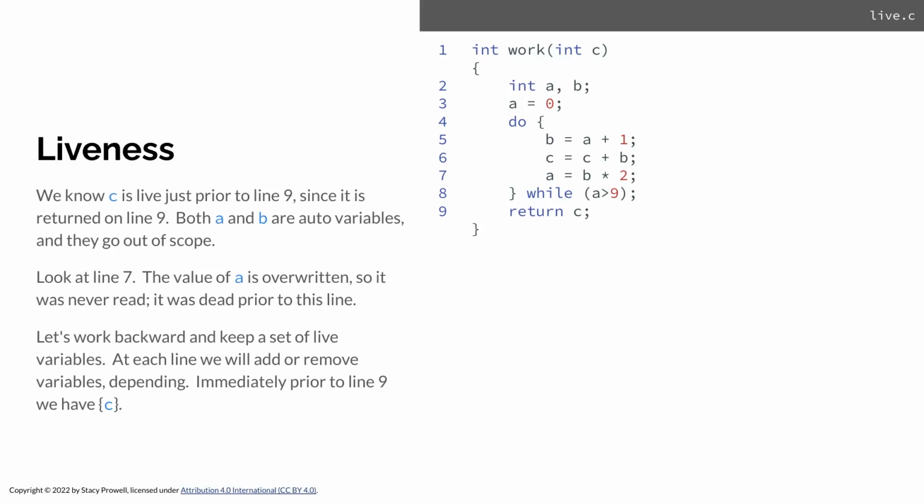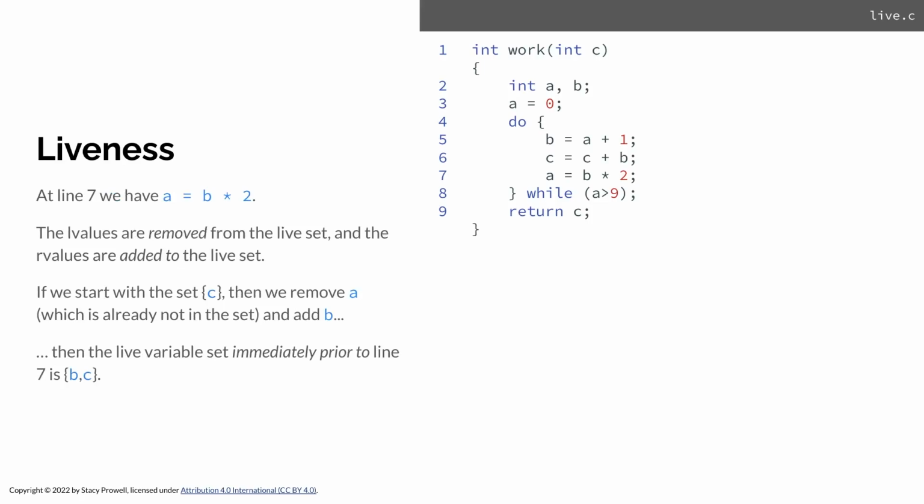So we can continue to work backwards like this. So here's line 7. And let's think about what we did. We said, well, we overwrite a, so it's no longer live, but after this, it is. So what we did was, we said, well, a is an L value, so we're going to remove it from the set of things that are live prior to this line.